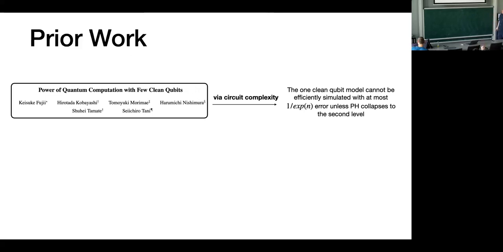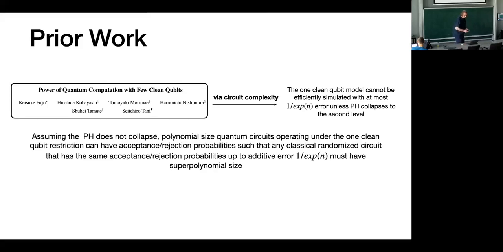Okay. Yeah, so efficient simulation would here mean that you get the same probability distribution, up to exponentially small error, as the quantum algorithm. And that's a hard problem, at least as long as the polynomial hierarchy is hard.